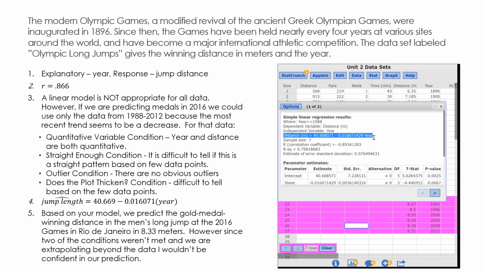I probably went a little crazy on that one. I probably should have rounded a little bit more, times the year. And then again, based on that data, I would replace year with the year 2016 and have an estimation or a prediction of 8.33 meters.